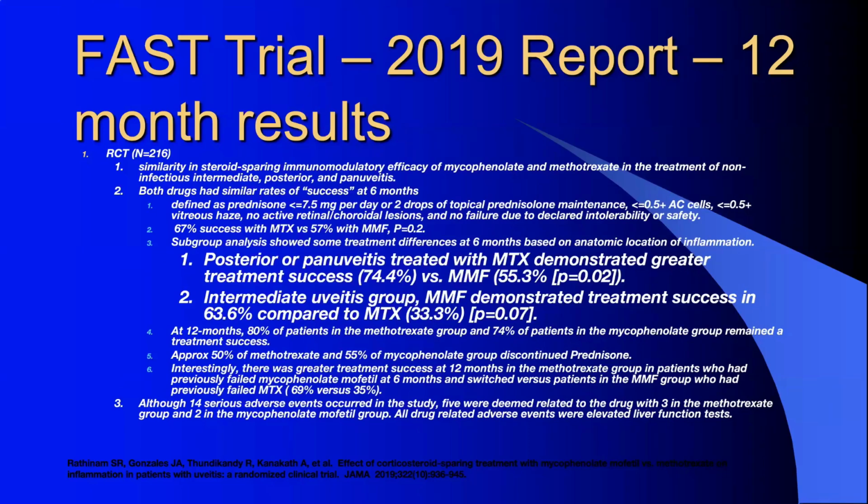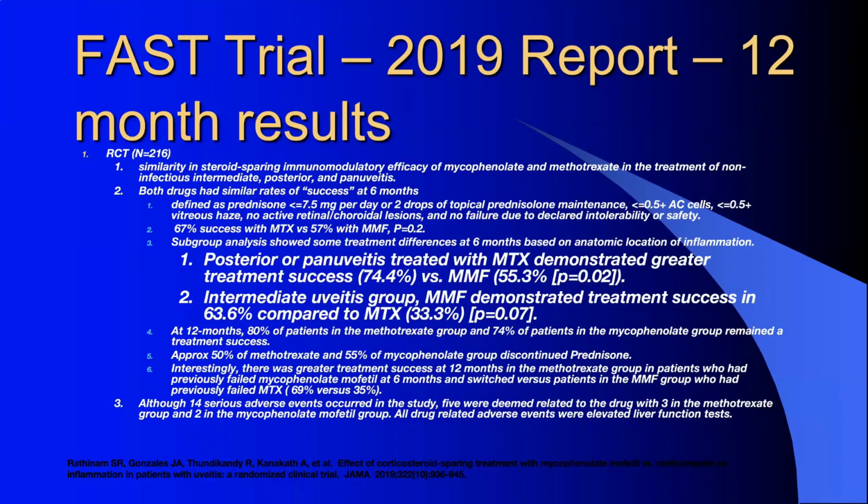At 1 year, it looked like methotrexate was a little bit more advantageous than mycophenolate in terms of treatment success, defined as achieving less than or equal to 7.5 milligrams per day of oral corticosteroids or 2 drops of topical prednisolone with very, very little active inflammation.